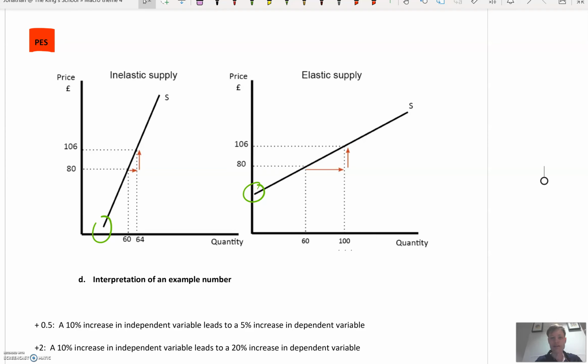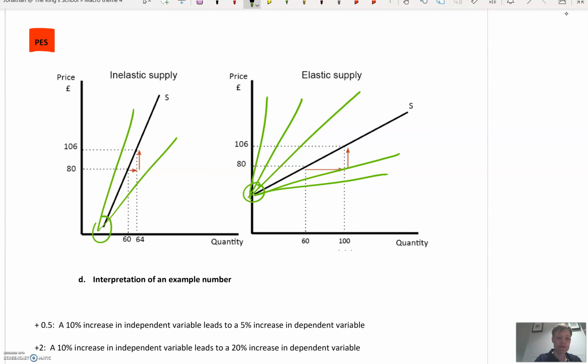The actual gradient of the curve doesn't affect whether it's elastic. So all of those curves you see on the left-hand side are inelastic. All of those curves you see on the right-hand side are elastic.